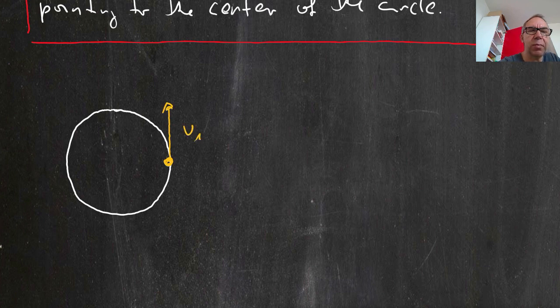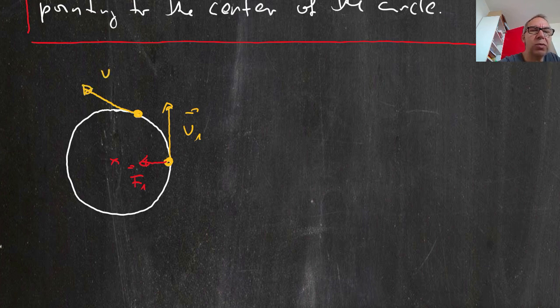So that's, for example, v1. Then the force has to point towards the center of the circle. So this is F1. And if later on the object is up here, the momentaneous velocity is along the circle, so it will point in this direction.